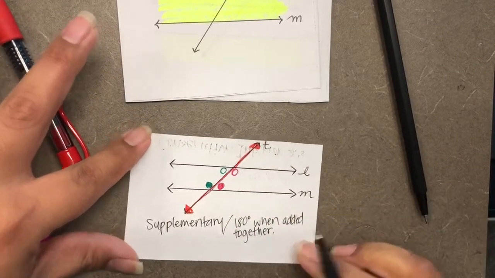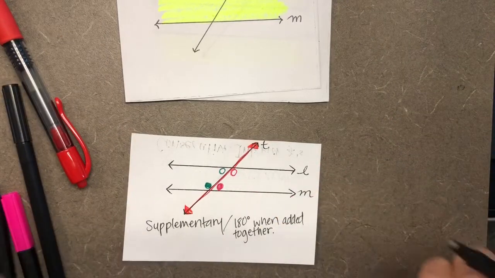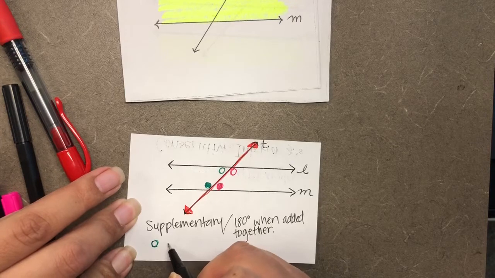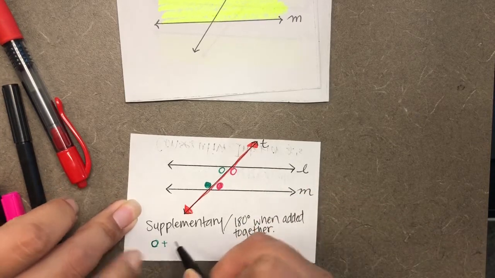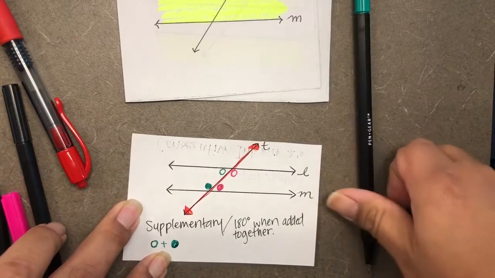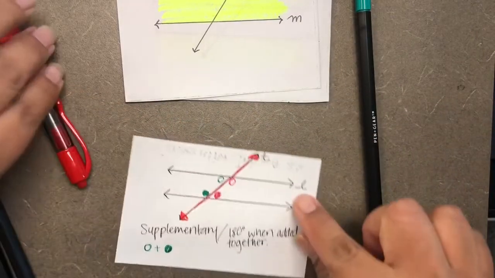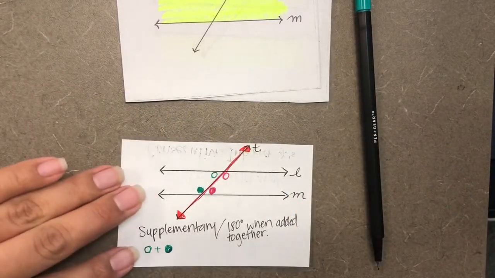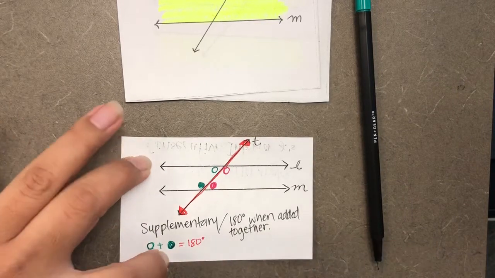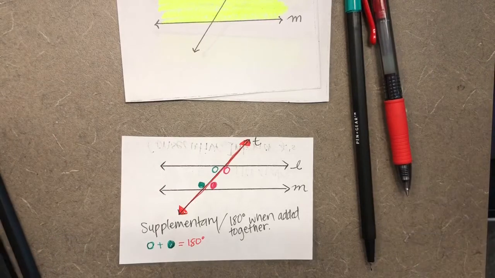And what would this look like? In the case of the green ones, we could say the open circle plus the closed circle is going to equal 180 degrees. And the same relationship with the pink ones.